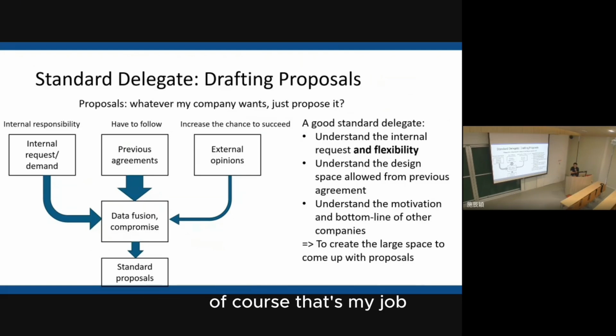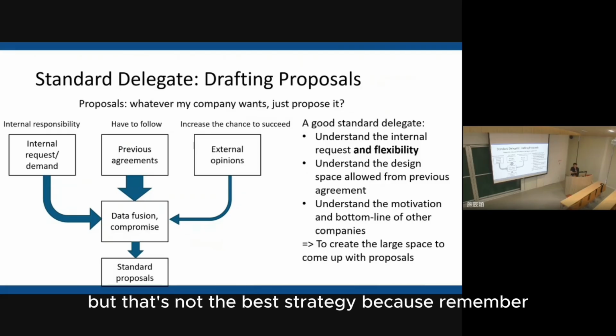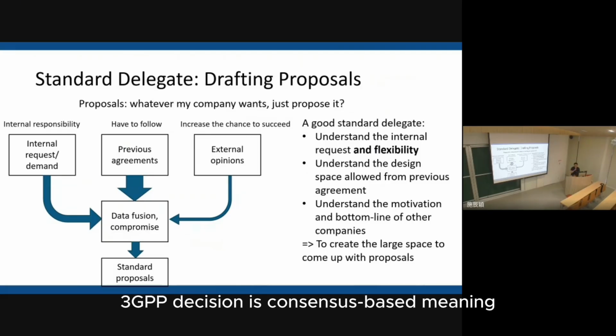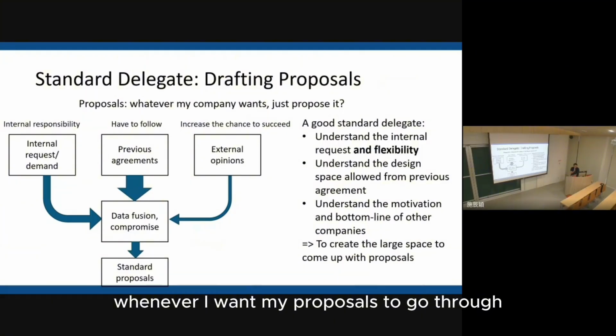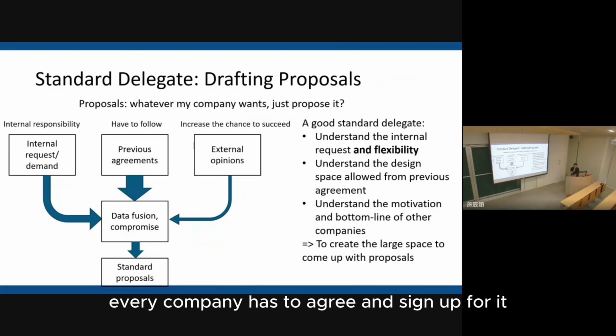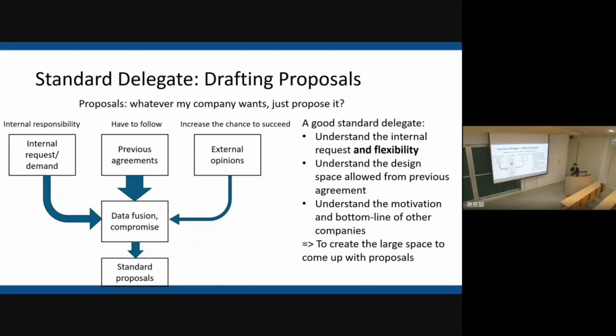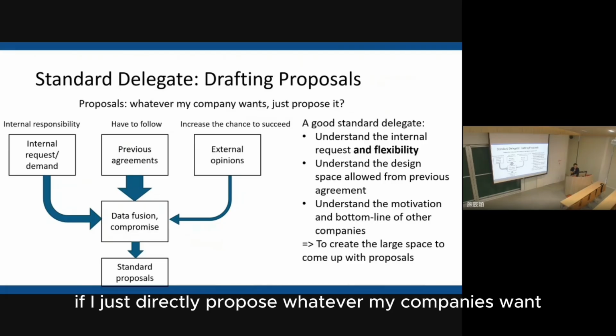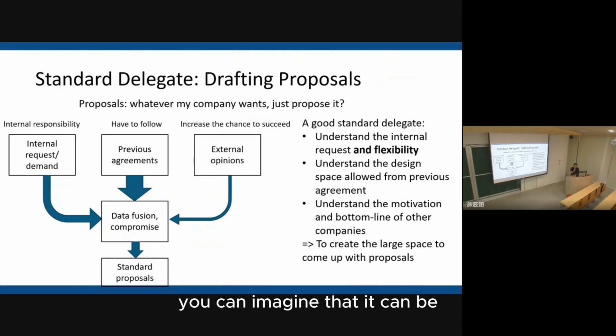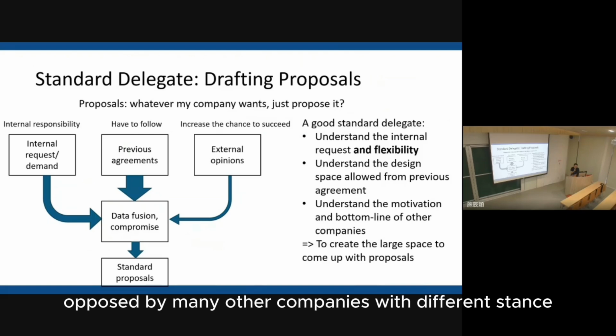Of course, that's my job, but that's not the best strategy, because remember, 3GPP decision is consensus based, meaning whenever I want my proposals to go through, every company has to agree and sign up for it. So if I just directly propose whatever my company wants, you can imagine that it can be opposed by many other companies with different stands.